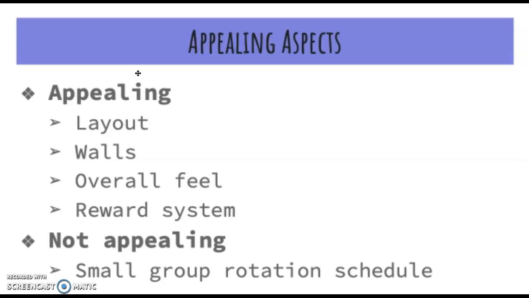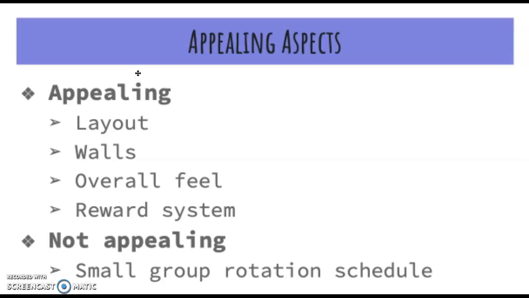They were strategically placed and they had academic content that the students were referring to during their group rotations. The overall feel of the classroom was also super appealing, how the aides interacted with each other and interacted with the kids. When you walk in that classroom, you just feel happy and you feel engaged with the kids, and it was just awesome.